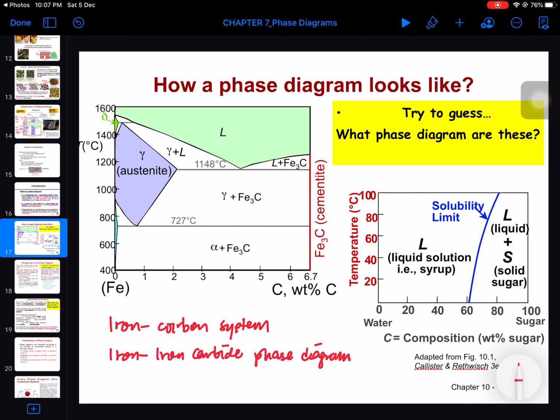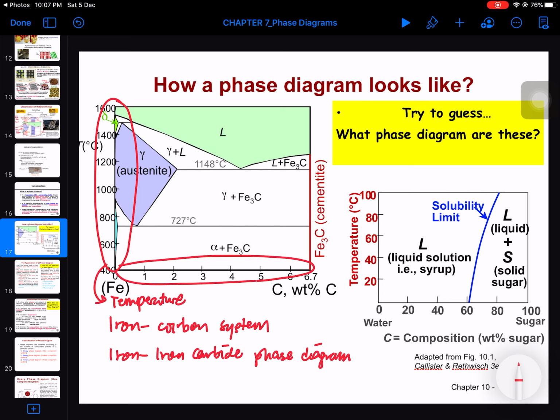This is a very important phase diagram as far as the steel industry is concerned. If we look at this particular phase diagram, the y-axis refers to the temperature, so it gives you the variations of temperature, and the x-axis gives you the information about the composition, in this case in weight percentage.